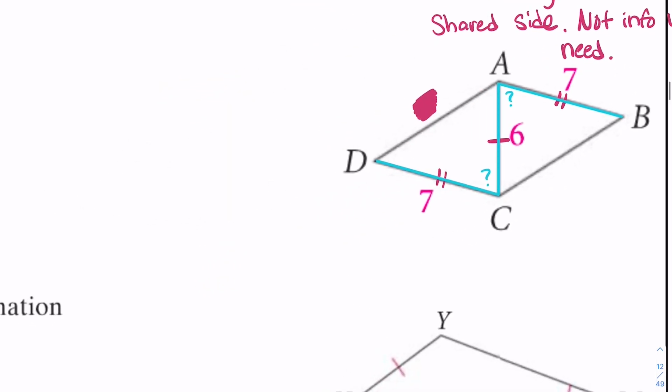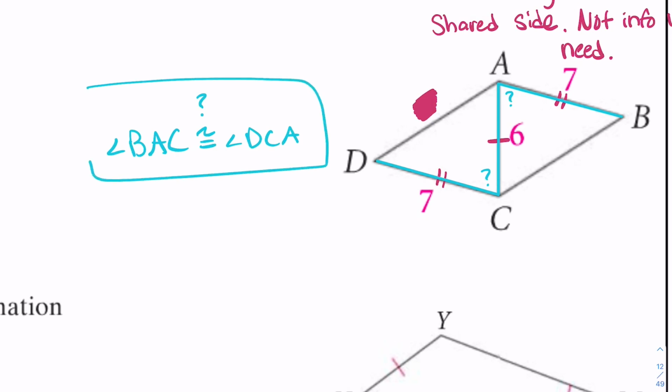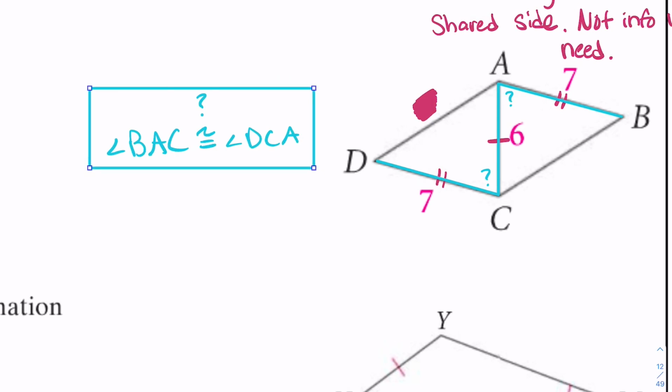So I need to know, is angle BAC congruent to angle, and I want to do it in the right order, so I'm going to say DCA. Are they congruent? That's the information I need to know.